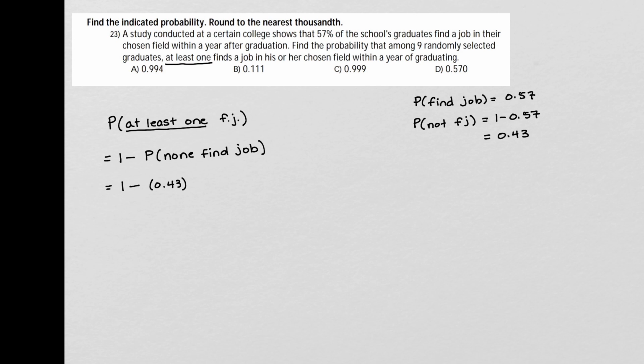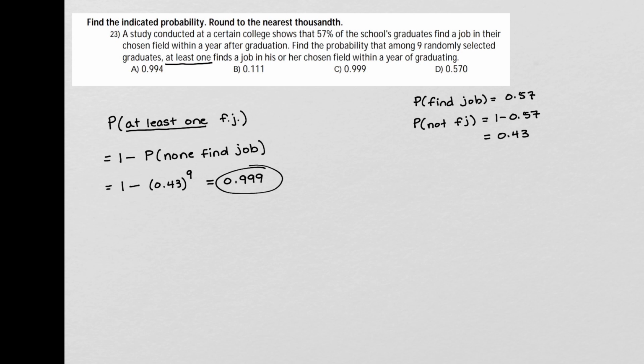And then we multiply that by the probability the second one does not, and that'll be another 0.43. And we keep going all the way up to 9. So I'm going to calculate 1 minus 0.43 to the power of 9. And when I do this, I get 0.999, and then it's 4 something, but it rounds to 0.999.